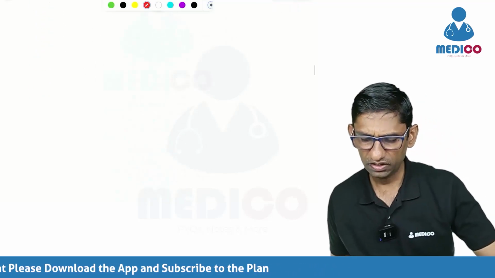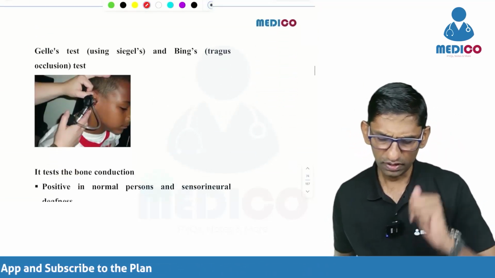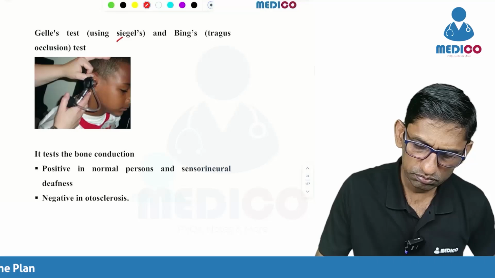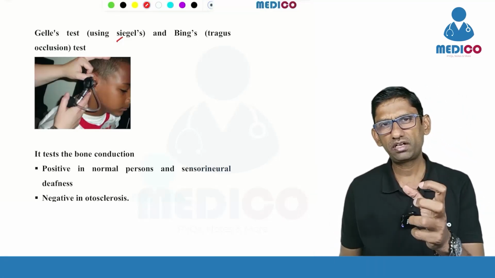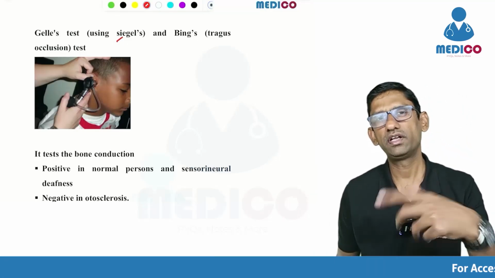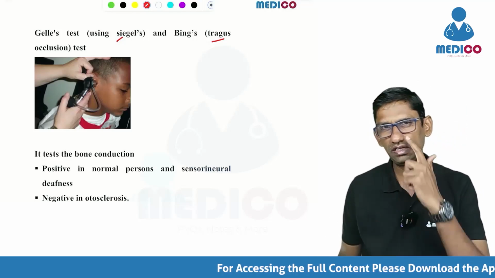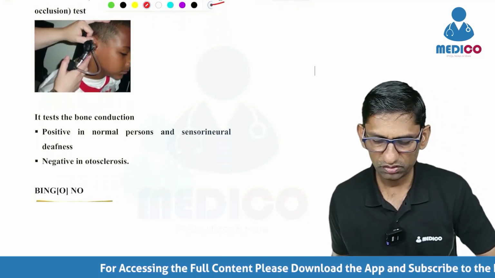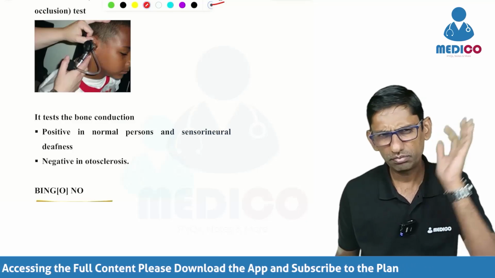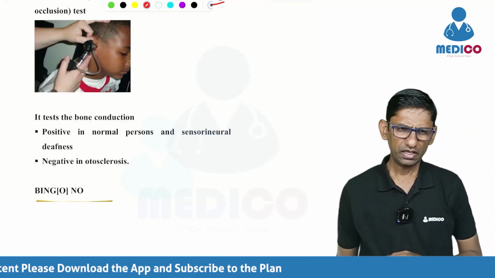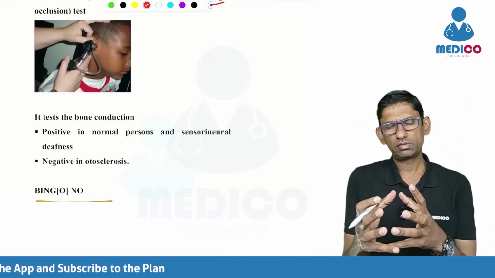We need to know what is Gelle's and Rinne's test. If you use a Siegel speculum and do pressure changes in the external canal while observing the hearing, that is Gelle's. If you do a tragus occlusion test and observe the hearing, that is Bing's test. That's all. These are two tests, but both test bone conduction. Place a tuning fork over the bone, increasing the pressure, releasing the pressure.